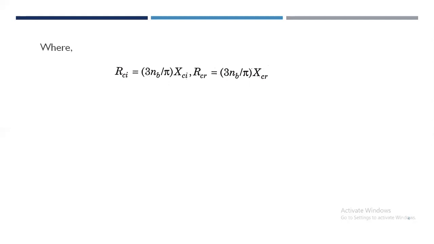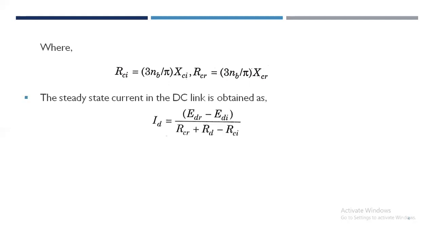The steady state current ID in the DC link is obtained as ID is equal to EDR minus EDI divided by RCR plus RD minus RCI.